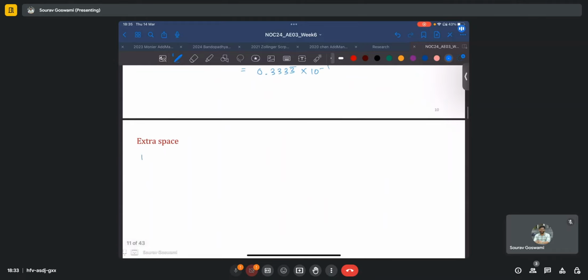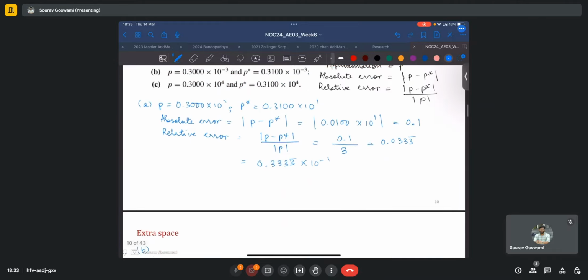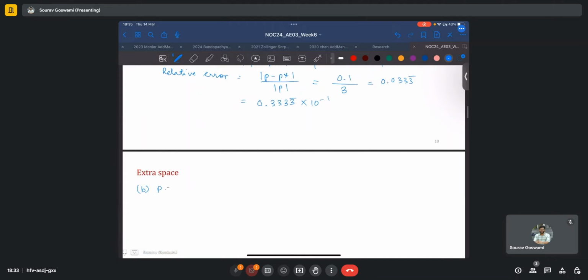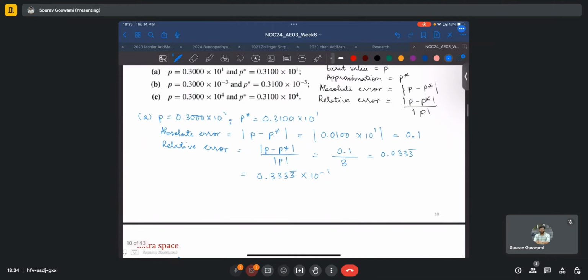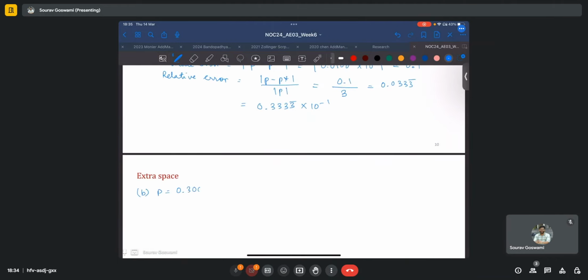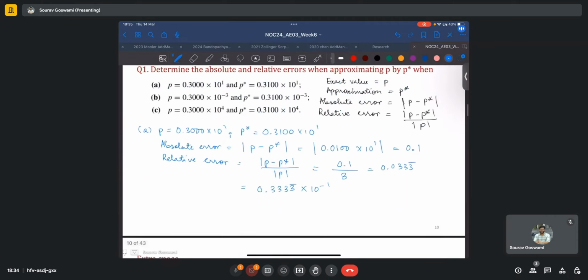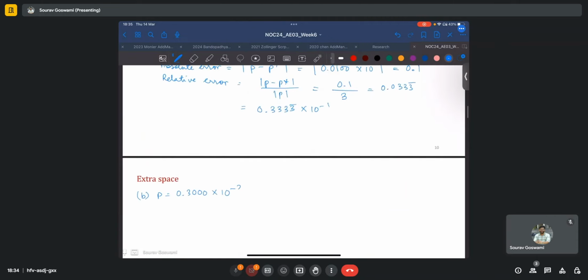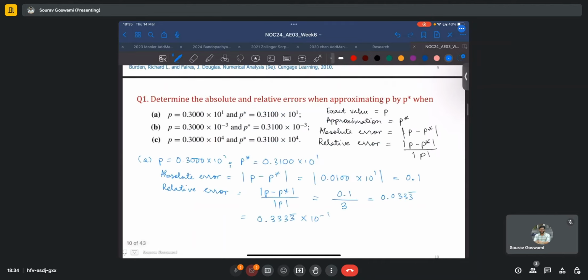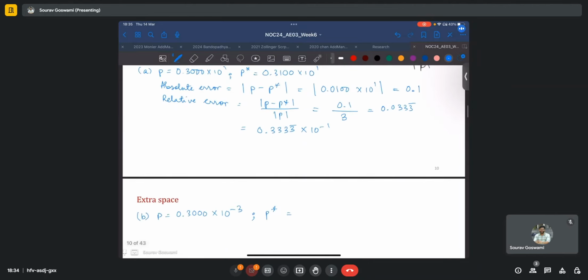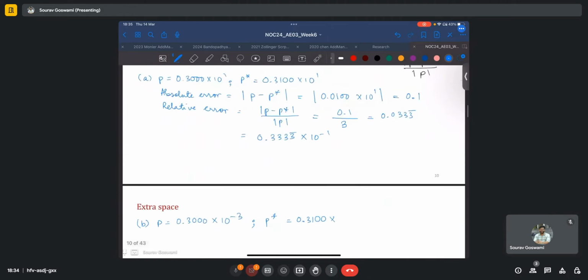Let's look at the second one, where p is again 0.3000 into 10 power minus 3. The exponent is different this time, and the approximation is 0.3100 into 10 power minus 3.